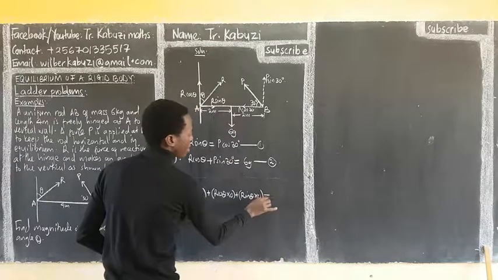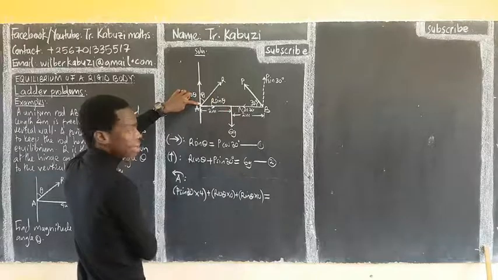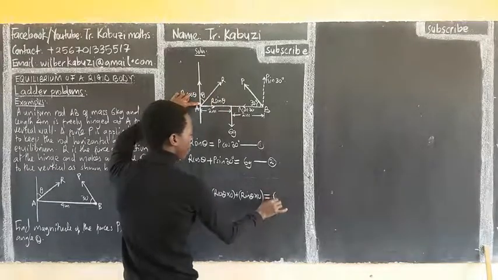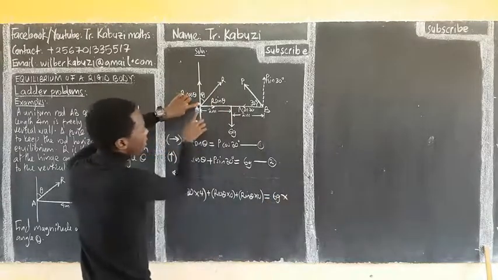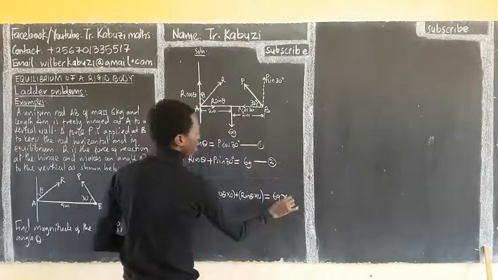It will be equal to, now this force is acting clockwise, the weight times the perpendicular distance from here, and from here up to here we have only 2.